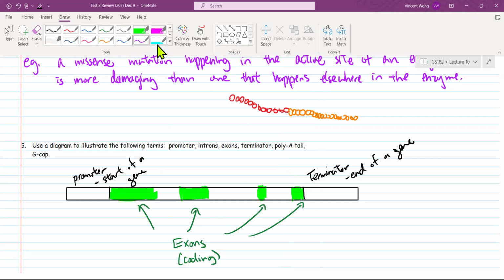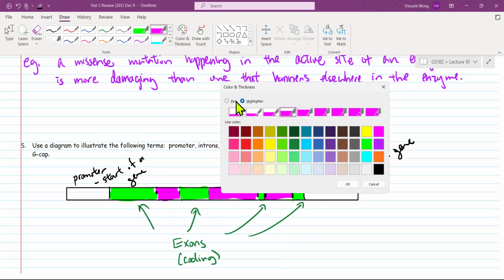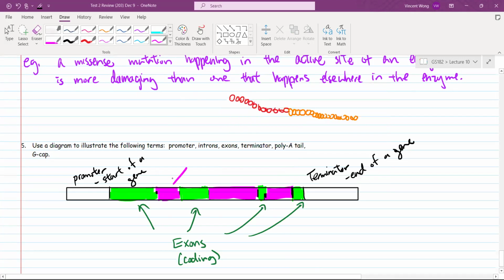And in between the exons are going to be the non-coding. Non-coding. And those are the introns, which you will have to remove after transcription, right?